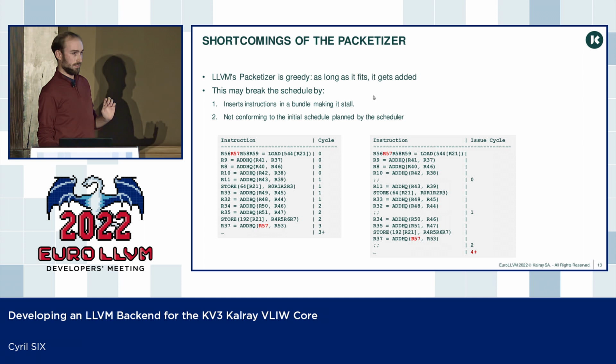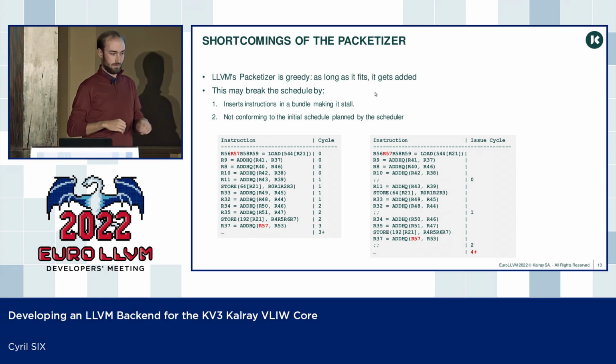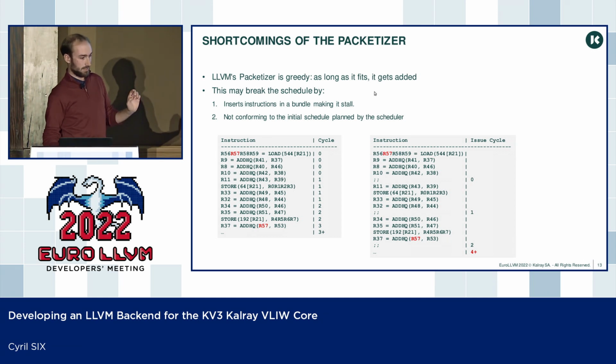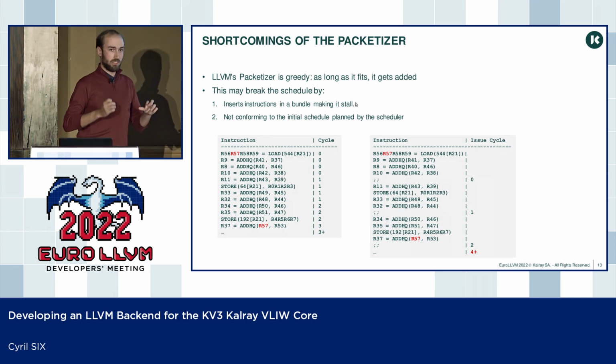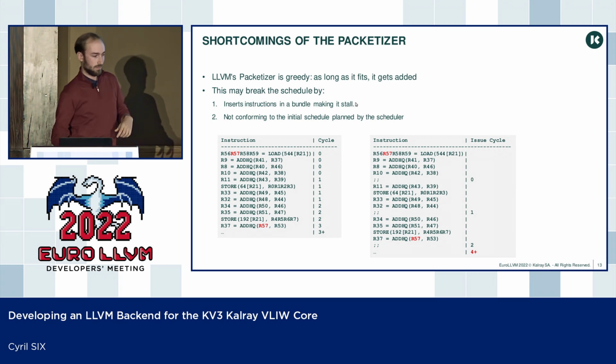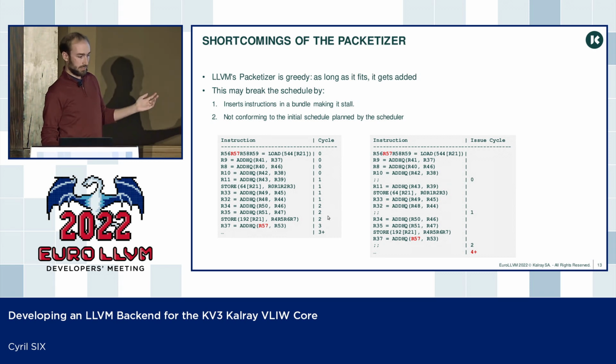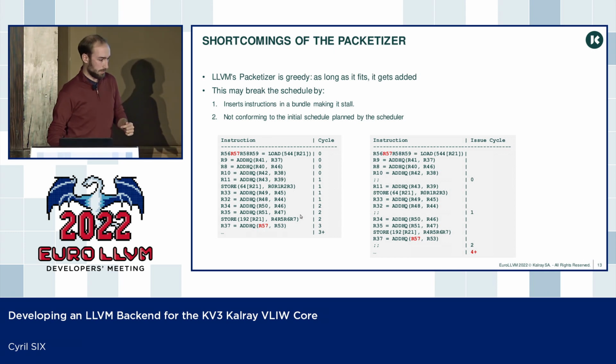But what we have experienced in some of our benchmarks is that this may break the schedule, because I was mentioning earlier that when there's a stall, it's the whole bundle that stalls. So if I have a greedy packetizer and I insert here an instruction ADDHQ into a bundle that was not stalling, and if this instruction makes it stall, then I will lose 1 cycle in the end, which is what happens here.